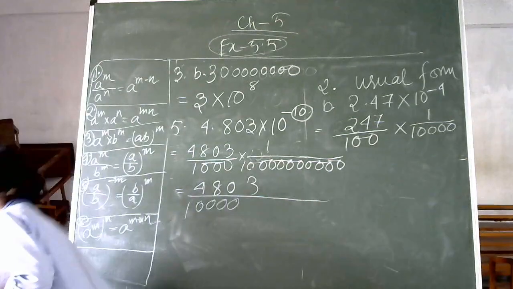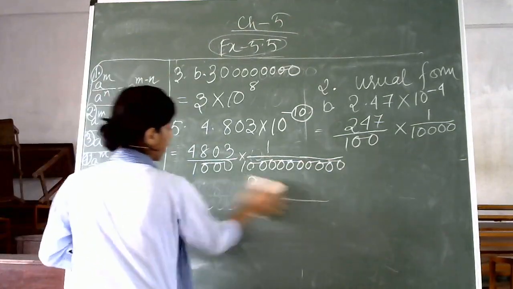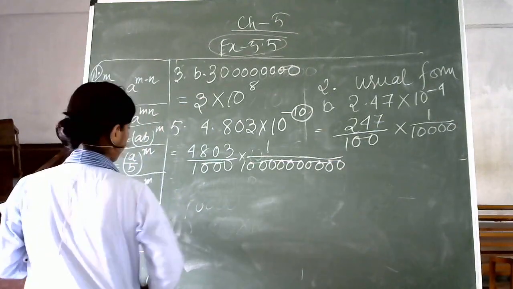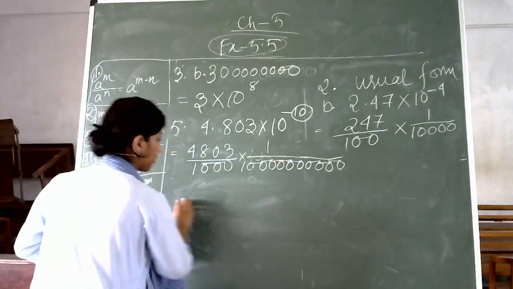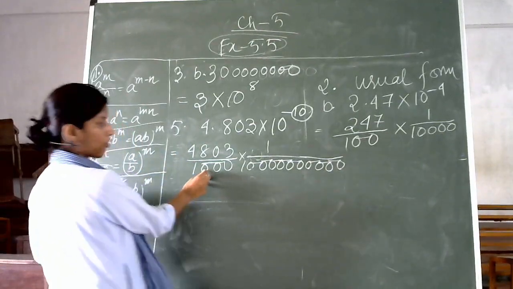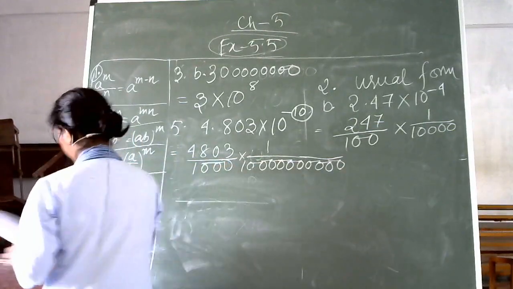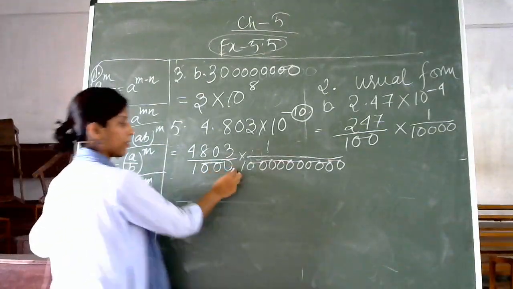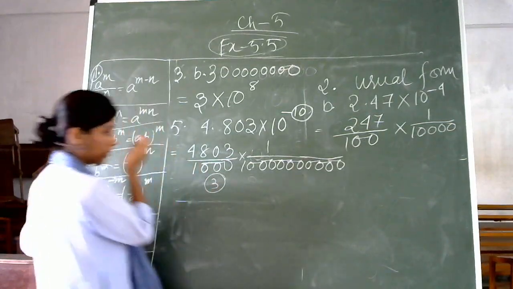Then it will be a huge number. If I have to write it like this, I'll write it in point directly. You see, here you see how many zeros are here? 1, 2, 3. So here I'm writing the number of zeros over here.